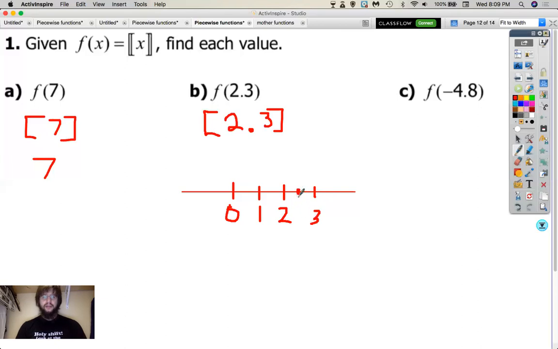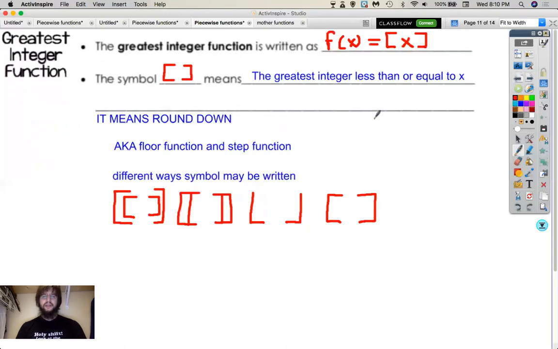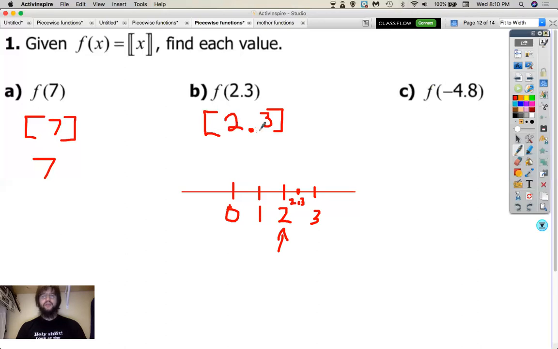And right here we have 2.3. Obviously, that should be more to the left than the middle, but whatever. So what is the greatest integer that is less than or equal to 2.3? Hey, look, it's 2. Again, what does that mean? It means round down. If we round 2.3 down, that's just going to be 2. So the answer here is 2.